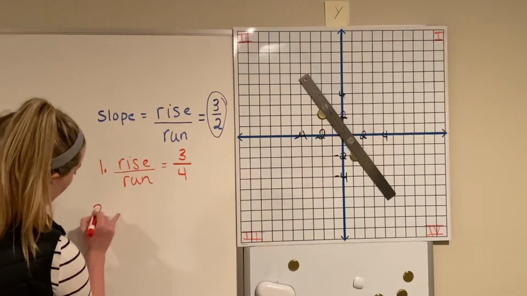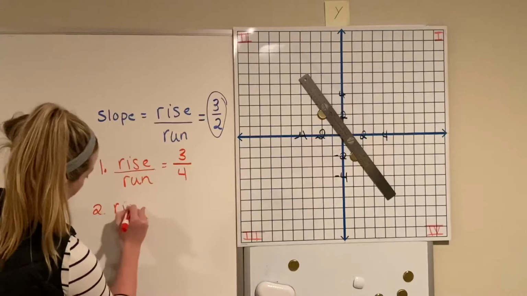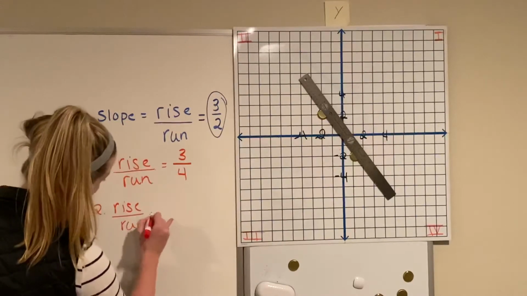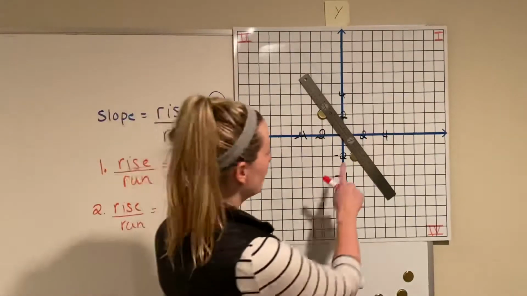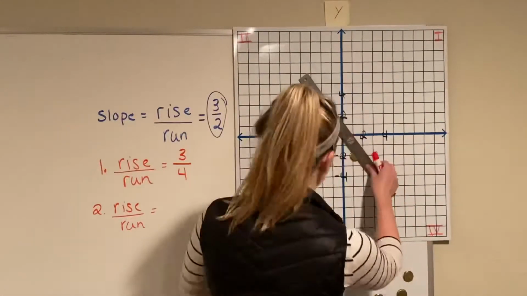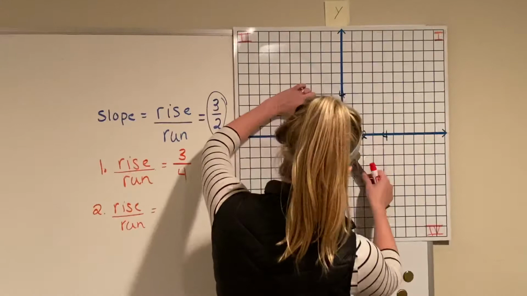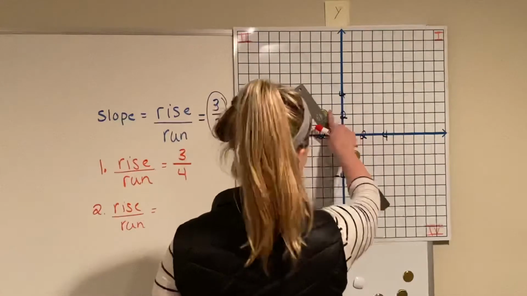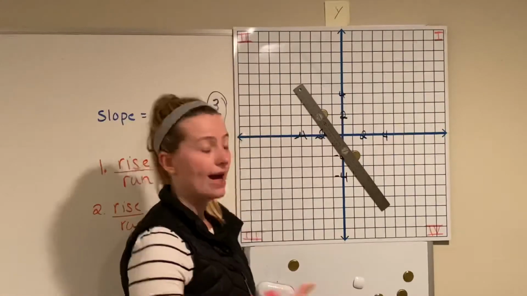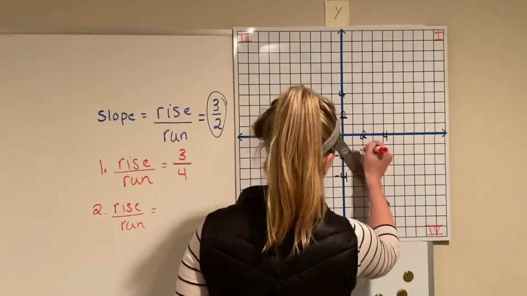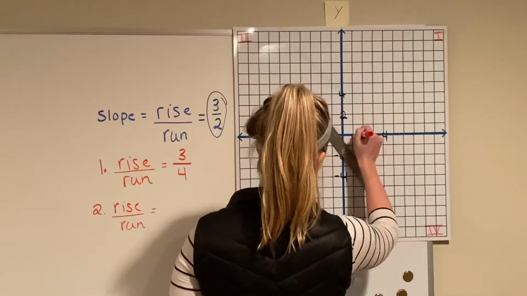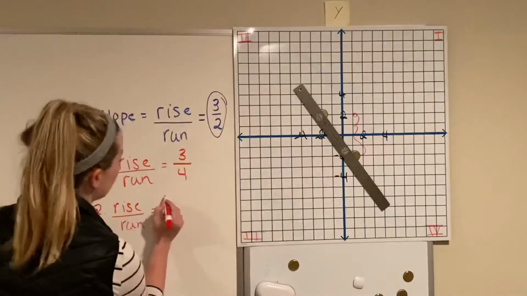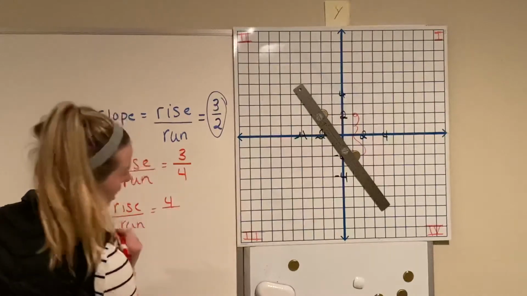So number 2, what is our rise? What is our run? So if we started here at -2 and we end up at +2, what's our rise? What's the vertical change? Well, 1, 2, 3, 4. We experienced a 4-unit vertical change.